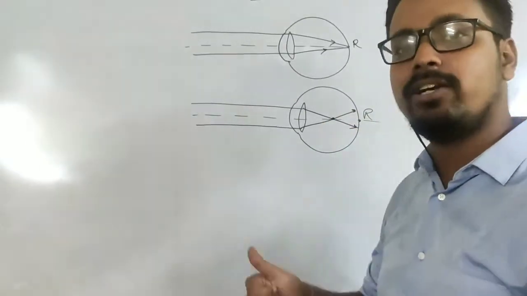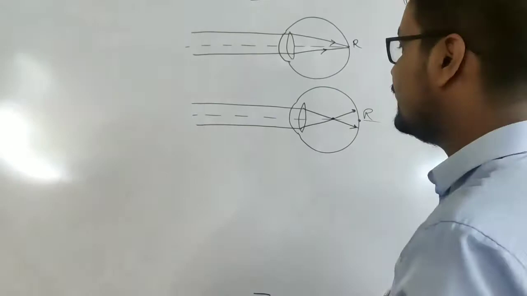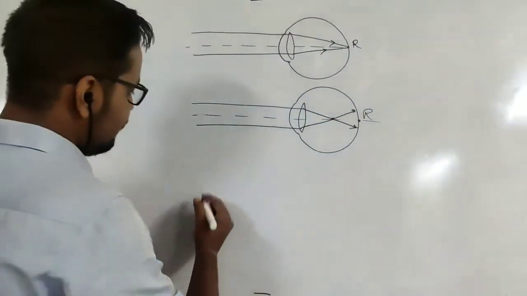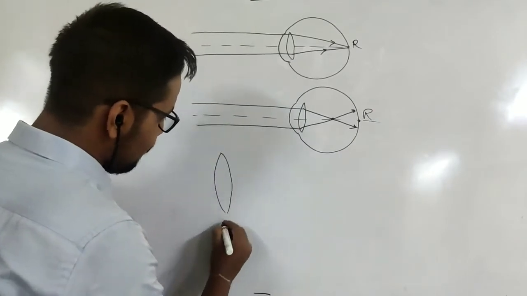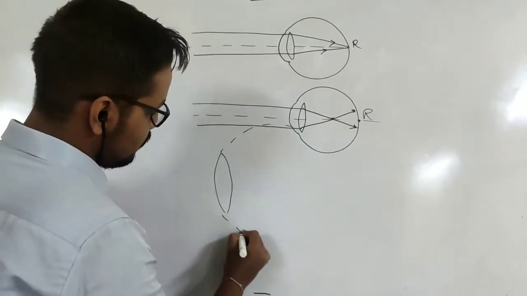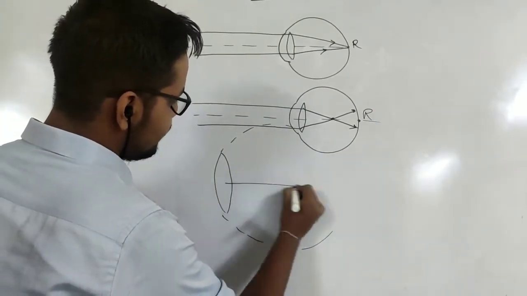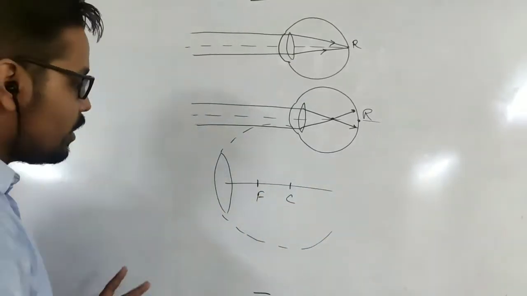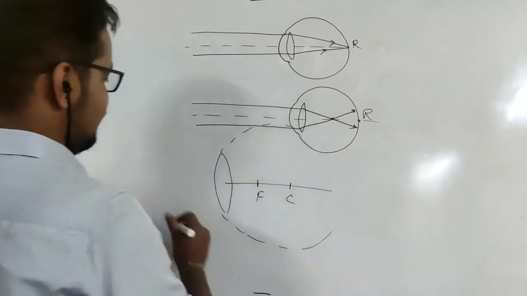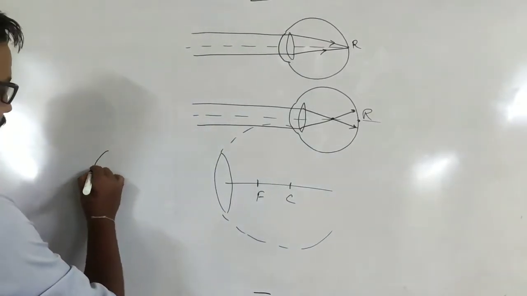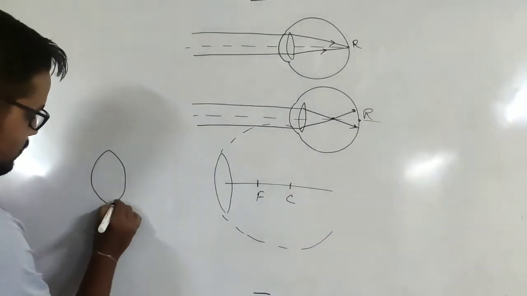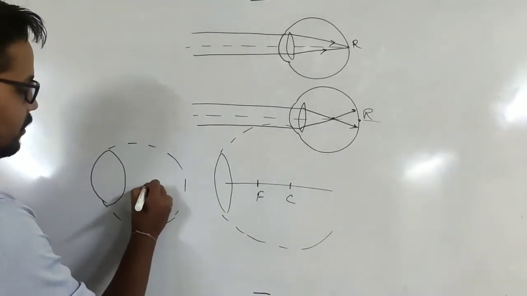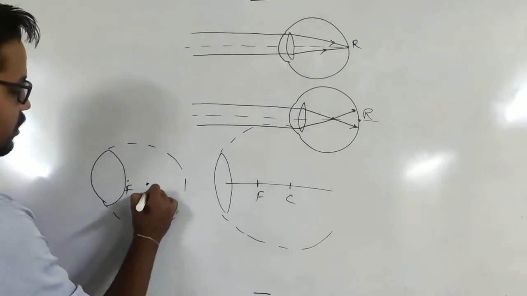The second case is a defect with the lens. The lens may develop excessive curvature. Now you see, if this is a lens, then this will be the center of curvature and this will be the focus. If I increase the curvature of the lens and the lens becomes like this, the center will shrink inward, and so will the focus.